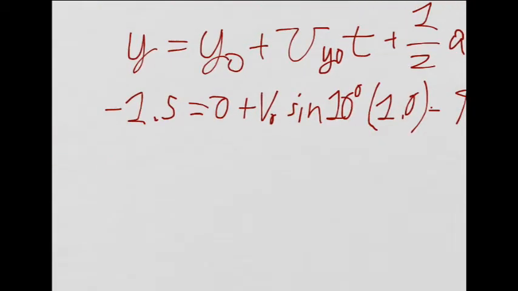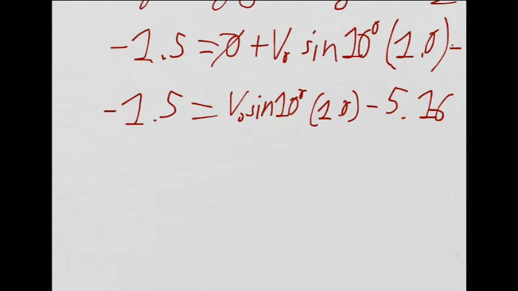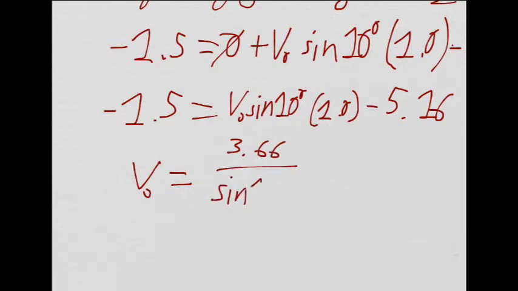If we do the math, we get negative 1.9 equals v initial sine 10 degrees times 1.0 minus 5.16. Do a little more math, and eventually you end up with v initial equals 3.66 over the sine of 10 degrees times 1.0.